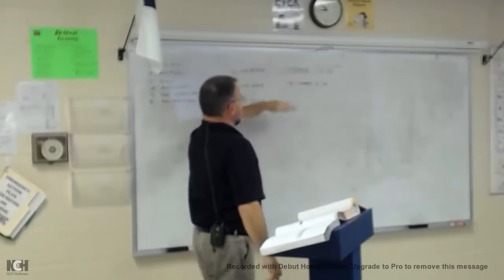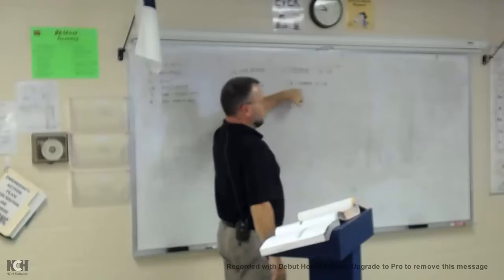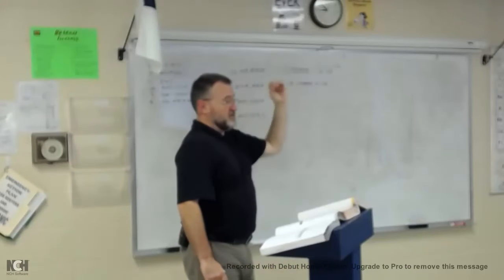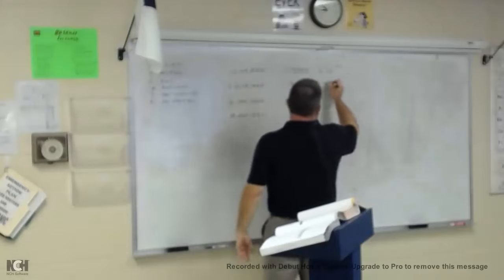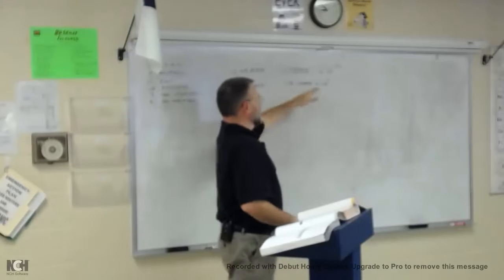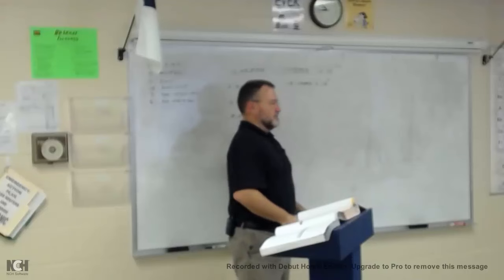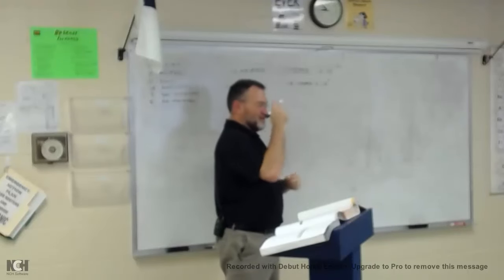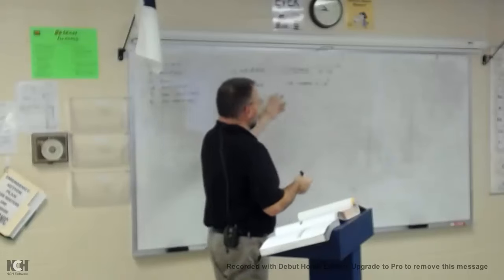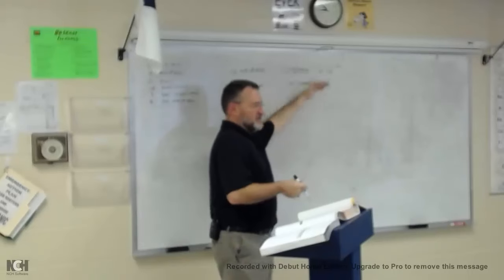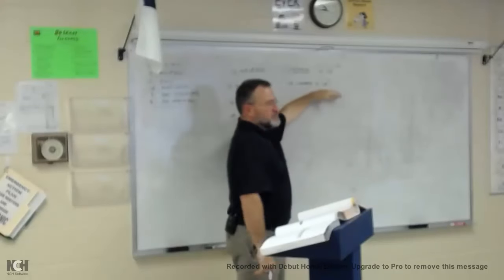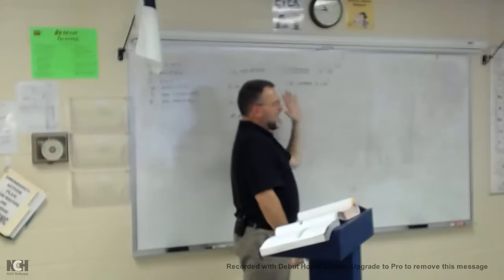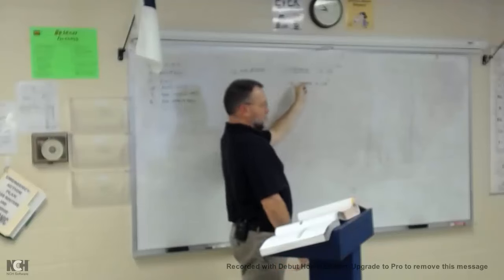I could write this in scientific notation by taking the same number and writing it times 10 to the 0. Because anything times 10 to the 0 is itself. Times 10 to the 0 is 1. Times 10 to the 1 is 10, right? Times 10 to the second is 100. So anything times 10 to the 0 is itself. It's a statement of unity. 10 to the 0 means it's 1. So anything times 10 to the 0 is itself.